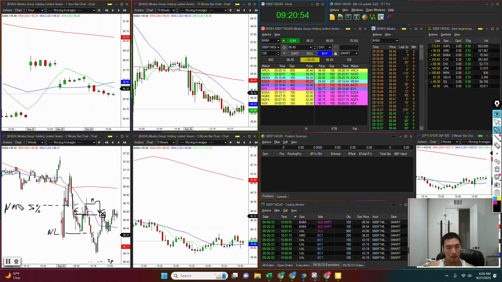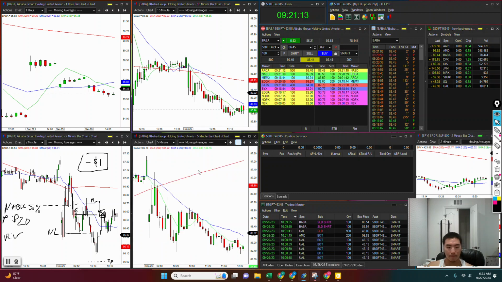Pullback, color change, position, declining 20. Risk was good. This was basically break even. Pretty sure that was this too, 10.05.